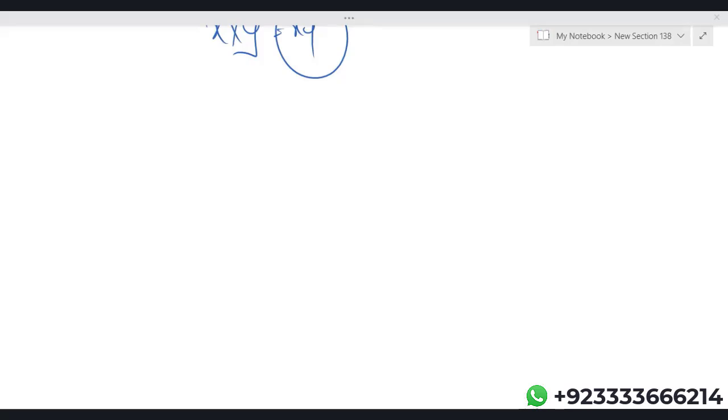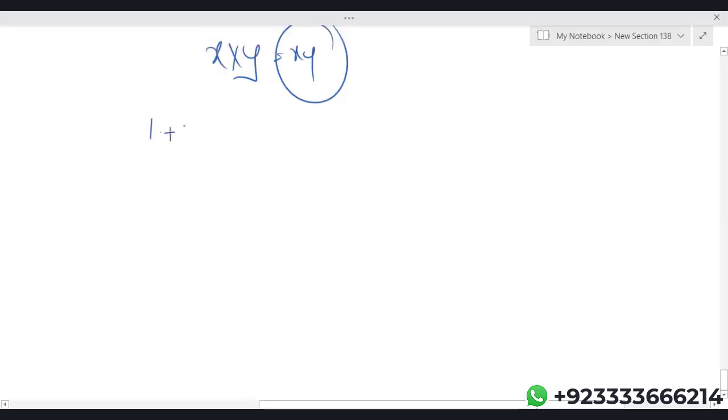Now, you need to learn one more point. If you go back to the Fisher effect, which we discussed in the previous class, that is 1 plus nominal rate is equal to 1 plus real rate into 1 plus inflation rate.